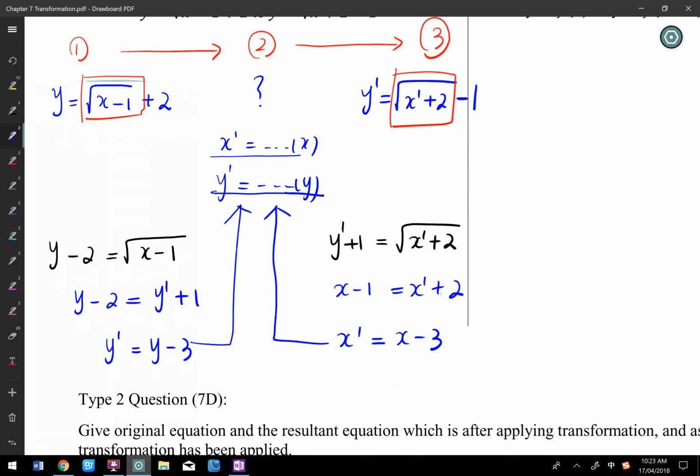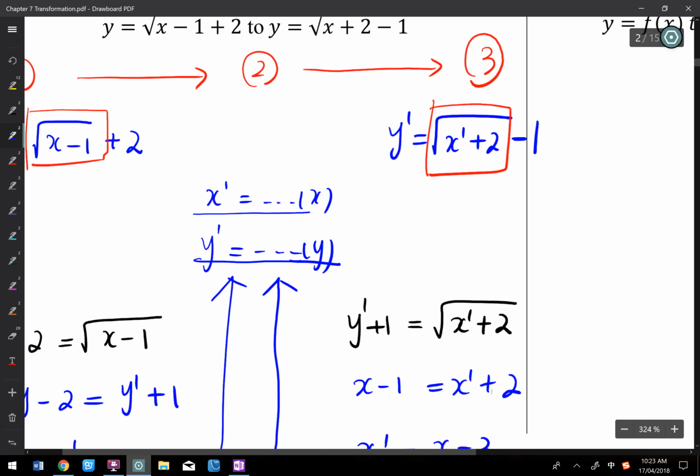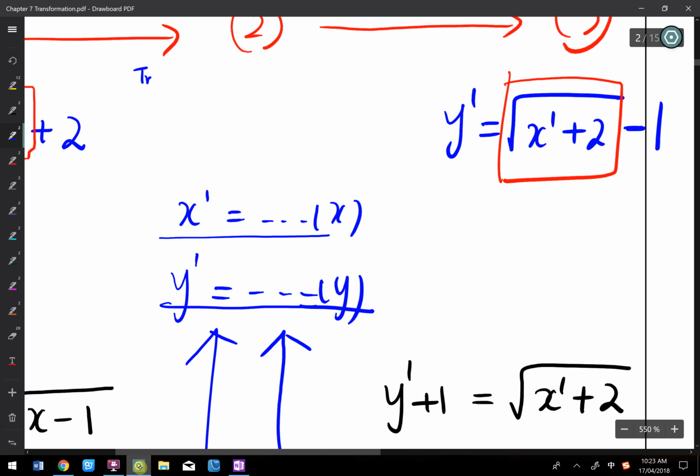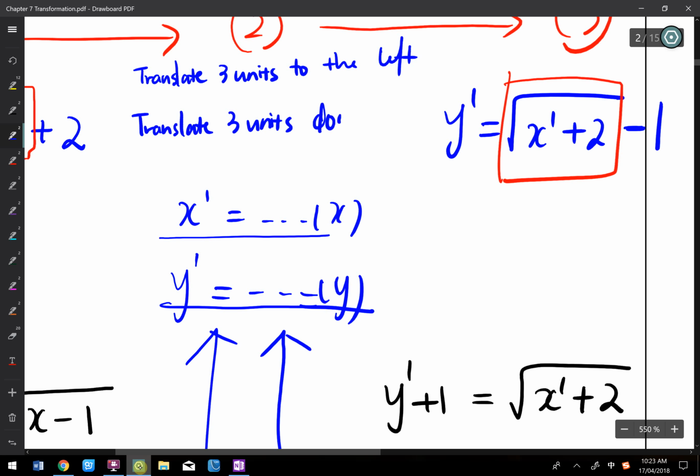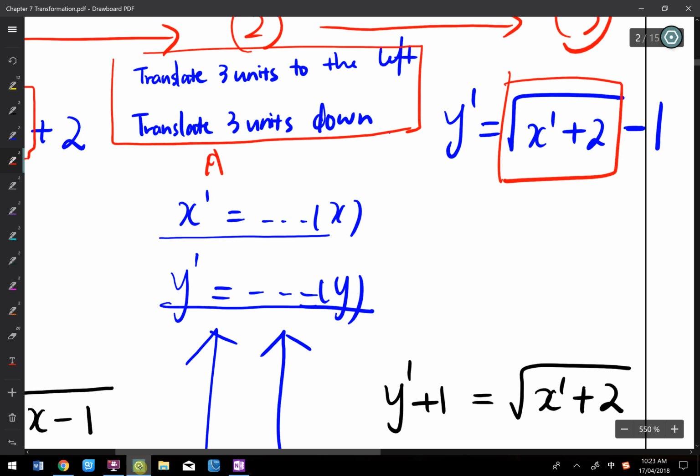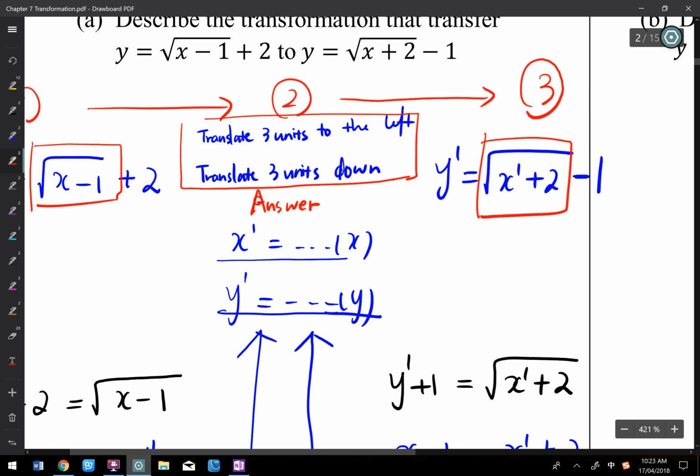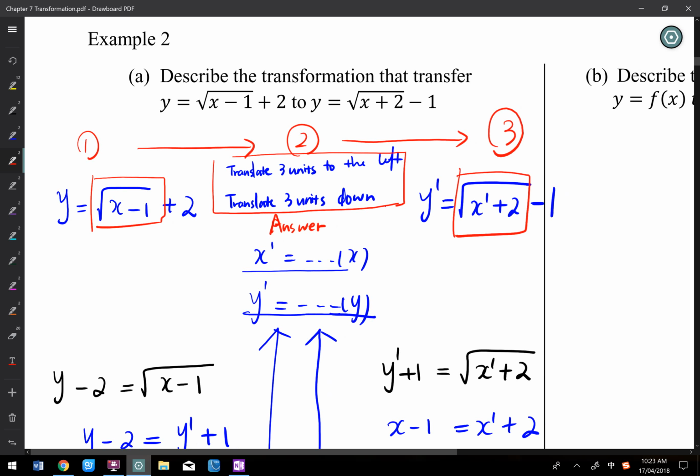So it is translate 3 units to the left, translate 3 units down. That's my answer. That's how we describe it.